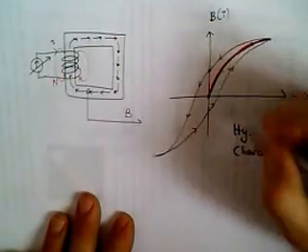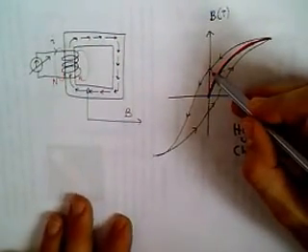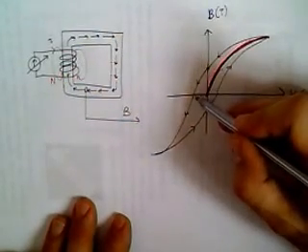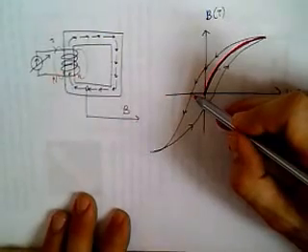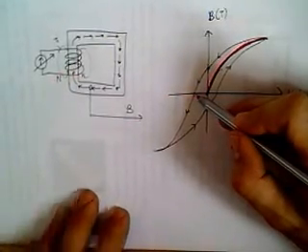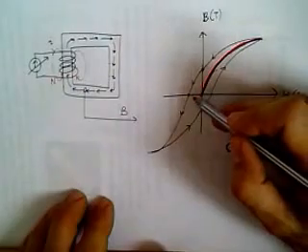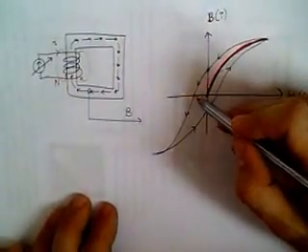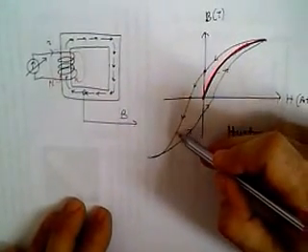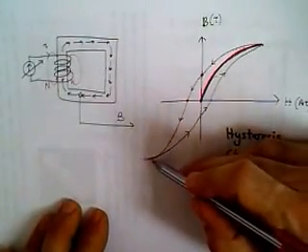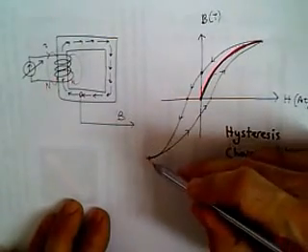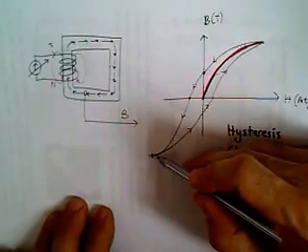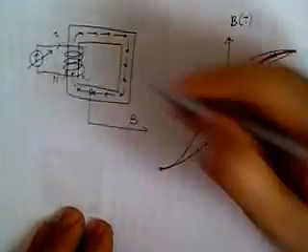In order to cancel this magnetic field, we have to apply negative, reverse currents, and at some negative current we end up having zero magnetic flux density. We may continue increasing the current in the negative direction until we reach, let's say, the negative extreme of the current. And we start to decrease the current in the negative direction.